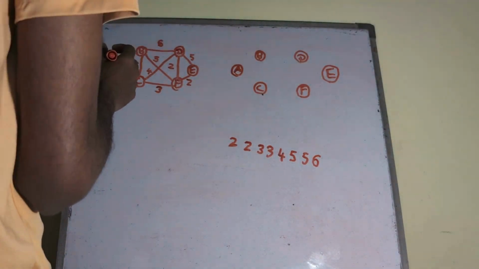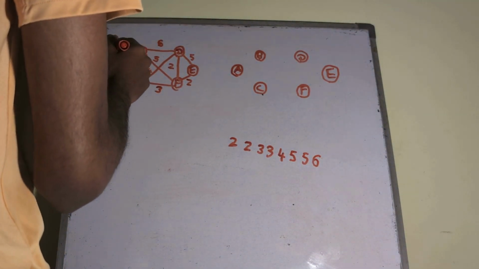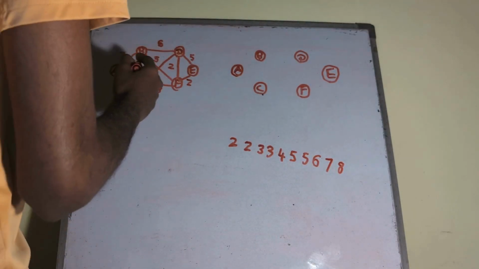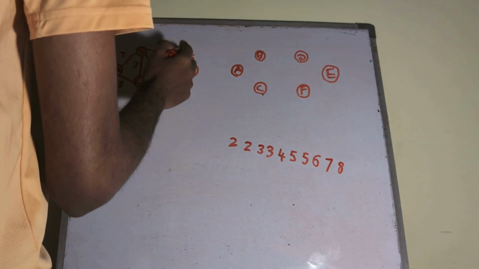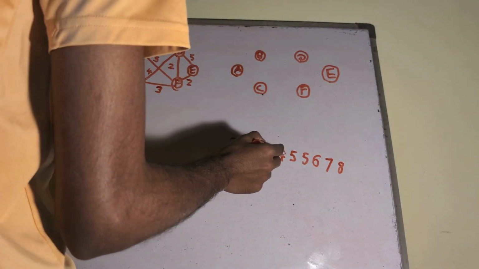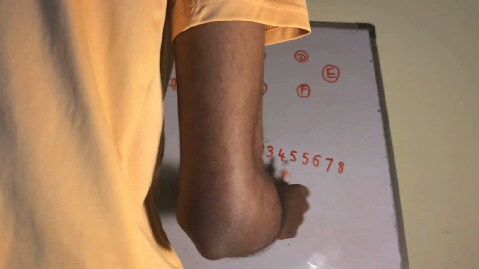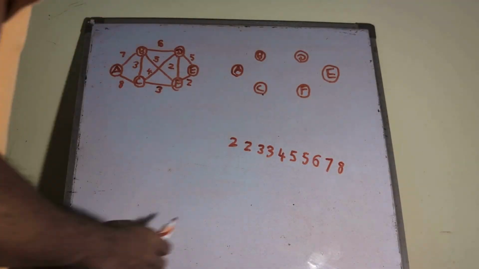BD is 6. Next, AB is 7, only one. AC is 8. That makes 1, 2, 3, 4, 5, 6, 7, 8, 9, 10. All the weighted edges are sorted.